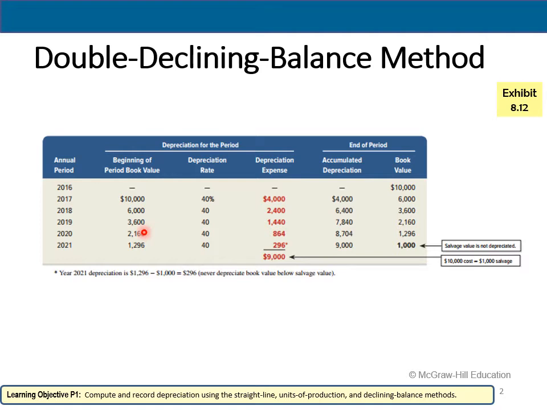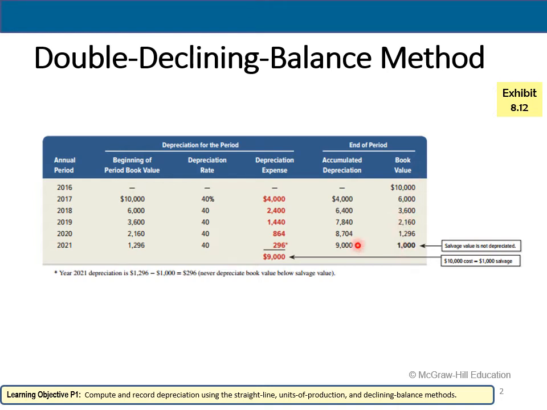All right. The only thing to be aware of, however, is that keep in mind we didn't subtract out the salvage value. So each year we want to make sure that we're not depreciating below the salvage value.